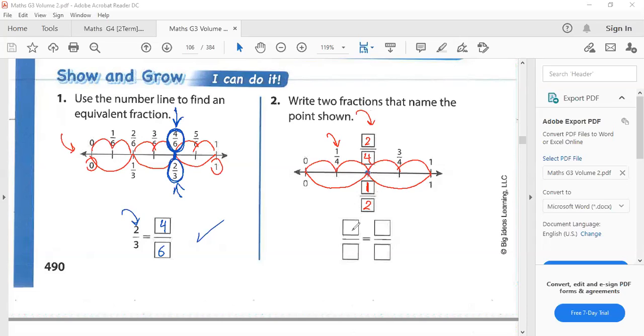Just read them. 2 over 4 and 1 over 2. So 2 over 4 equals 1 over 2.